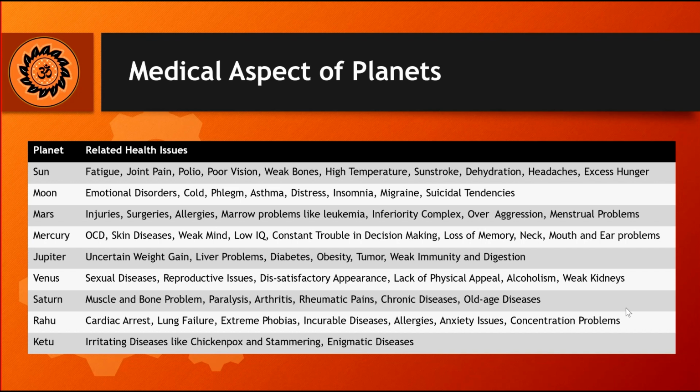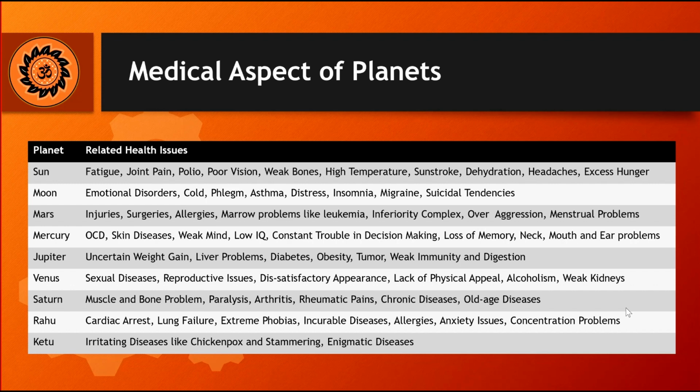Cardiac arrest, which is a sudden issue, I mean, which suddenly happens, and Rahu is a very unpredictable planet, like we discussed. So cardiac arrest, lung failure, phobias, incurable diseases, anxiety issues, concentration problems. Now Rahu is a planet of confusion, obsession. It makes the person very self-obsessed also.